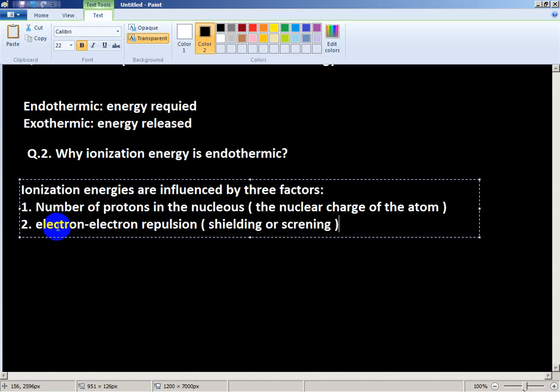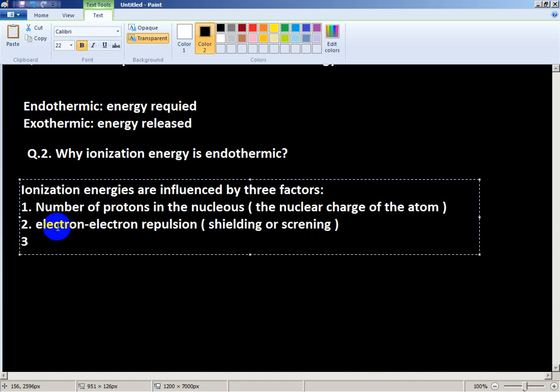And the third is the subshell, or orbital, from which the electron is removed.